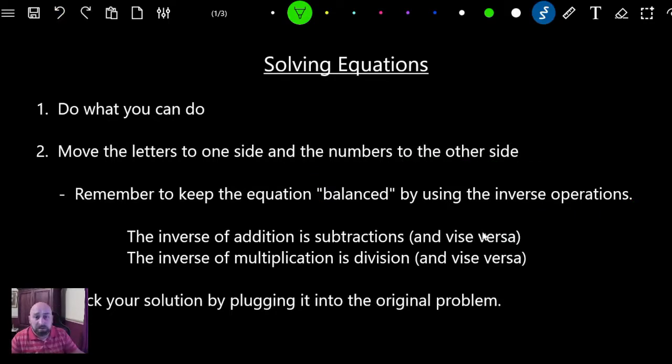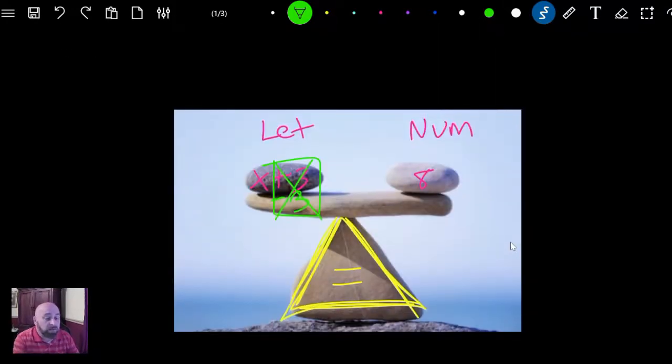Well, what do you mean? Whatever you do to one side, you have to do to the other side as well. So whatever I did on this side with the inverse operation, I also need to subtract 3 from this side. So that's going to give me 8 minus 3 equals, and the answer over here is 5.